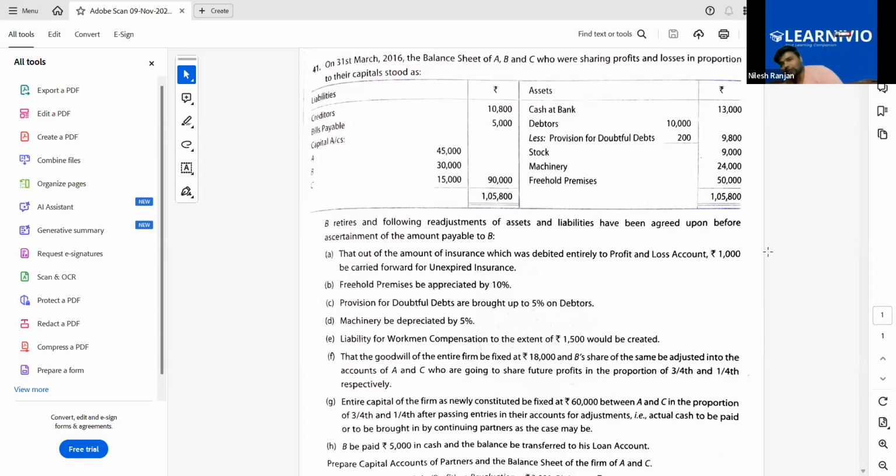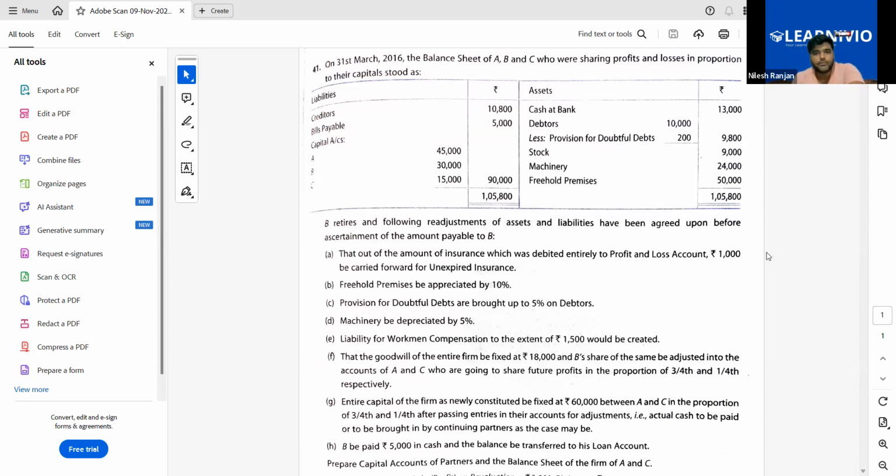So there are two things that we need to prepare: partner's capital account and balance sheet. All other things that we will do in this question will be working. Like we have to calculate revaluation profit and loss. It is also part of working, not the main solution, because it is not asked in the question. Whatever the question is asking will be your main solution.